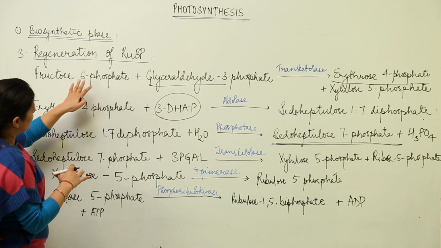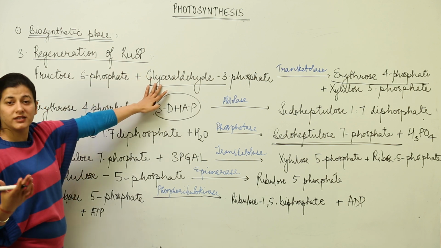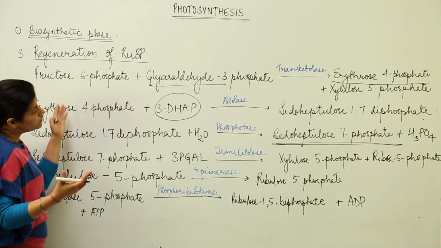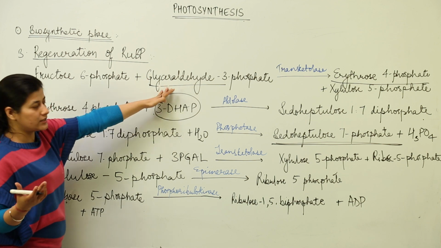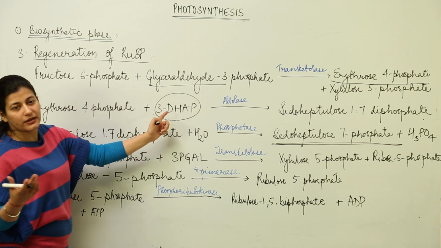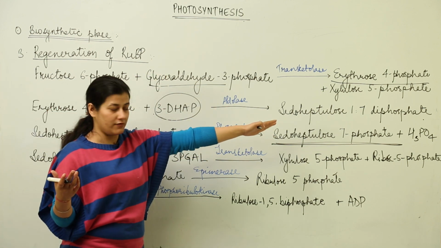Just keep in mind that fructose 6-phosphate, which was to form the glucose, comes and combines with glyceraldehyde 3-phosphate. The outcome of this reaction combines with another isomer of this glyceraldehyde 3-phosphate, that is DHAP. The outcome of this particular reaction combines with water and forms sedoheptulose 7-phosphate.